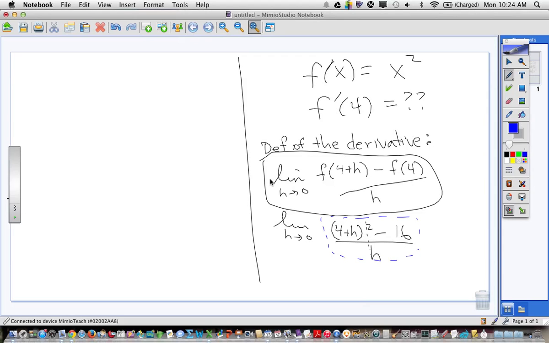At that point you were doing a limit problem, but it was inside of doing a derivative problem. Does that make sense? One way of doing a derivative problem was to use the definition of the derivative, which involves a limit, and then we had to solve that limit.